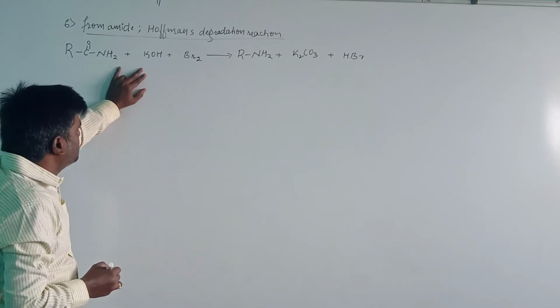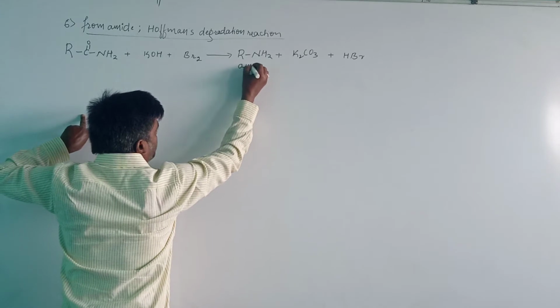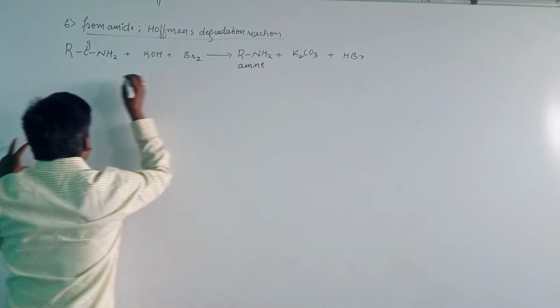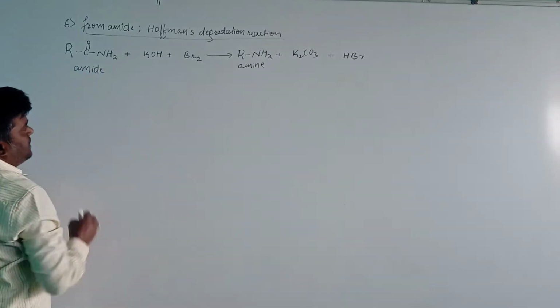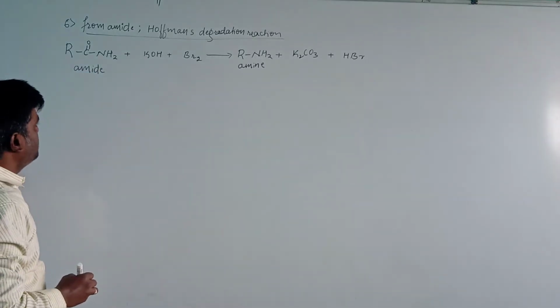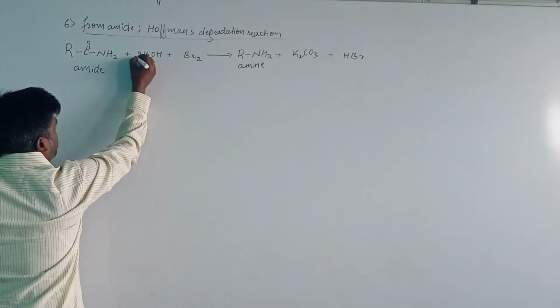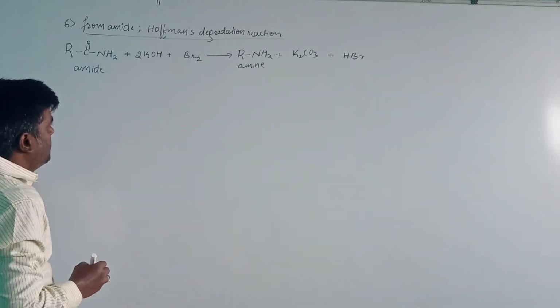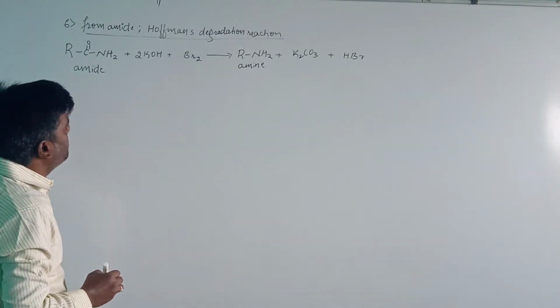Then in this reaction, let us balance the reaction here. This is the compound called an amine, and this is the compound called an amide. When we balance the reaction, there are 2 potassium here and 1 there, so take 2. The number of oxygen is 3 here and 3 there.